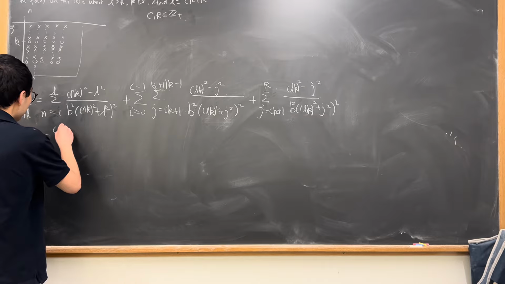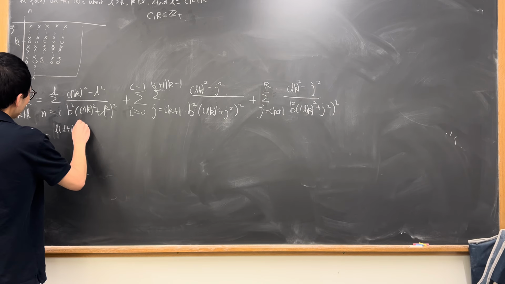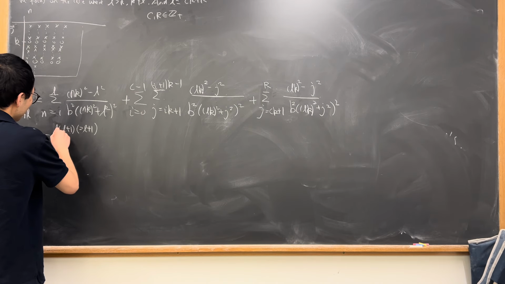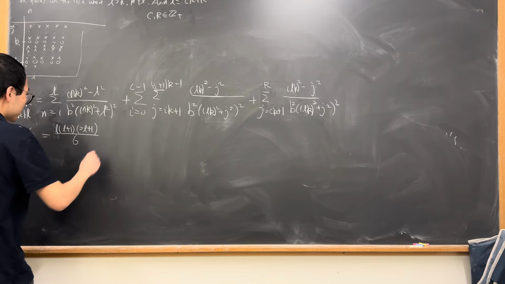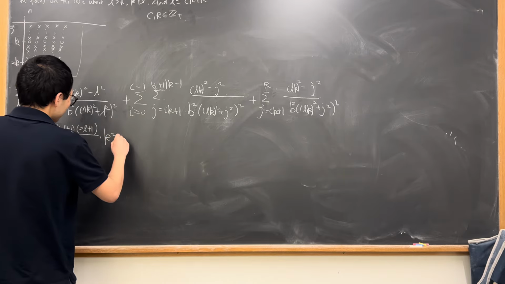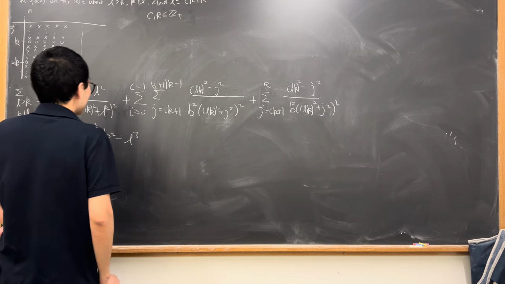So we have L plus 1, 2L plus 1 over 6 times k squared, and then this is exactly L copies, so minus L cubed.